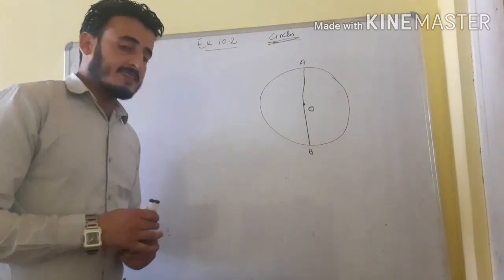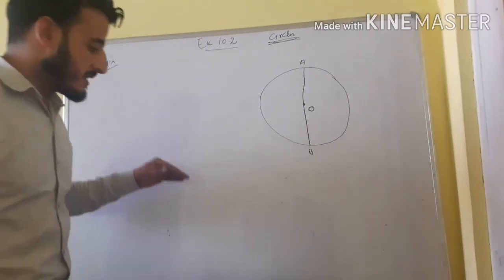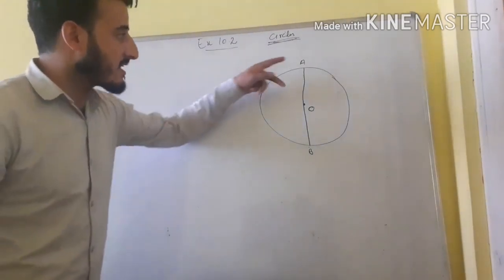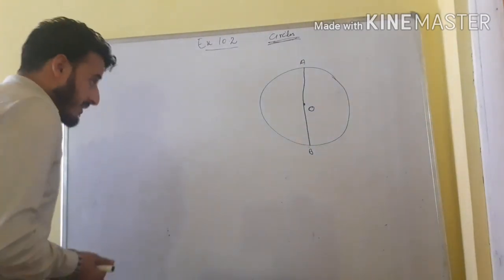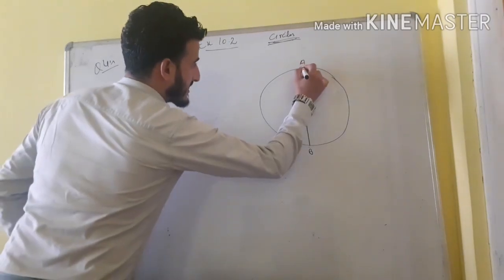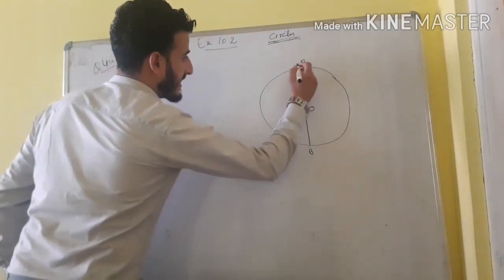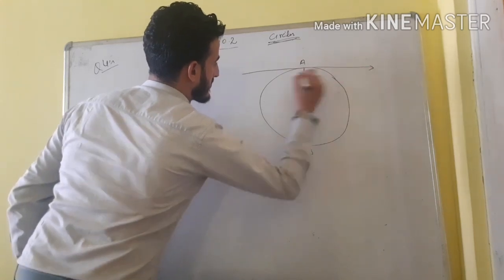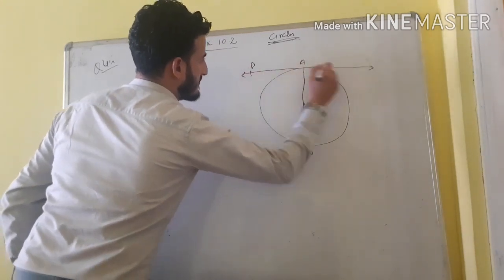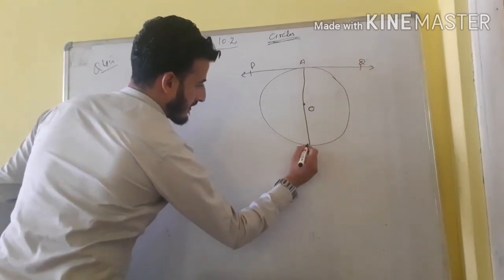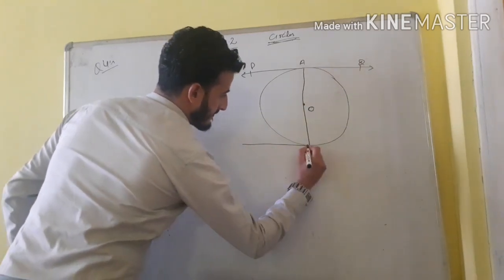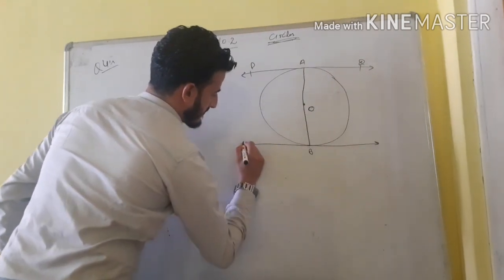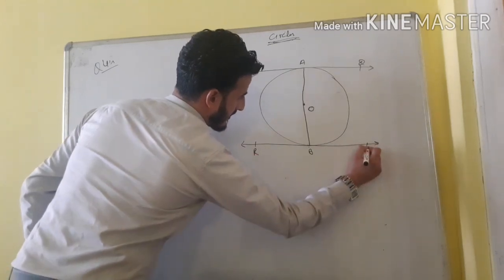Prove that the tangents drawn at the ends of the diameter. So here we need to draw the two tangents passing through the ends of the diameter. One like this, say the tangent be PQ. And the second tangent like this, RS.